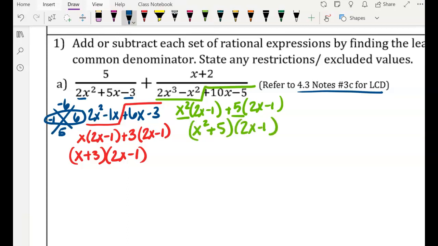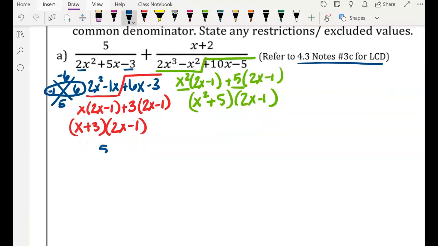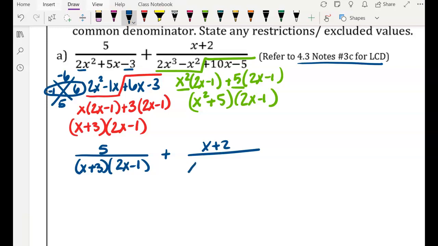So I'm just going to rewrite everything, but now with the denominators factored out. So 5 over, your factors are x plus 3 times 2x minus 1, add x plus 2 over, your factors for your denominators are these.